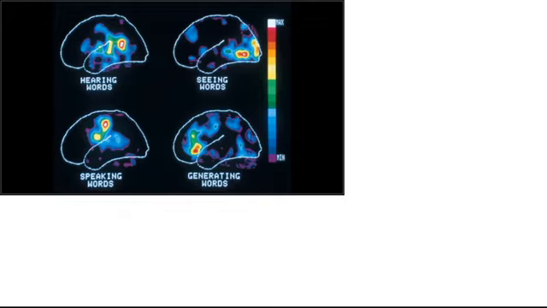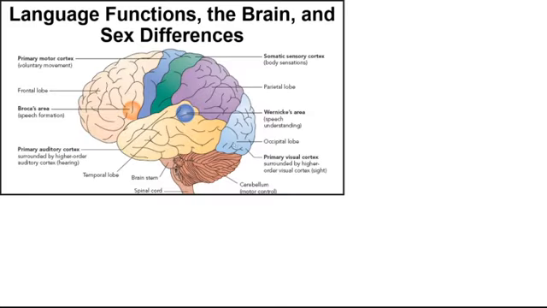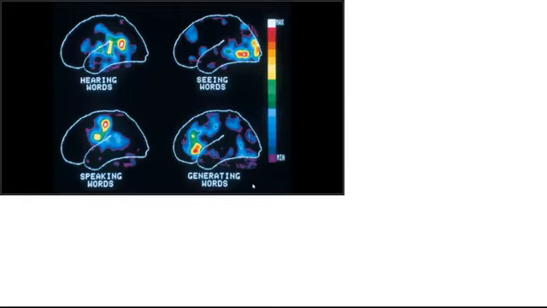So the first is looking at hearing words. That's going to be involving our primary auditory cortex, as well as our Wernicke's area in the middle where we're understanding speech. Seeing words is going to activate that occipital lobe at the back. Speaking words gets our Broca's area and our primary motor cortex involved.